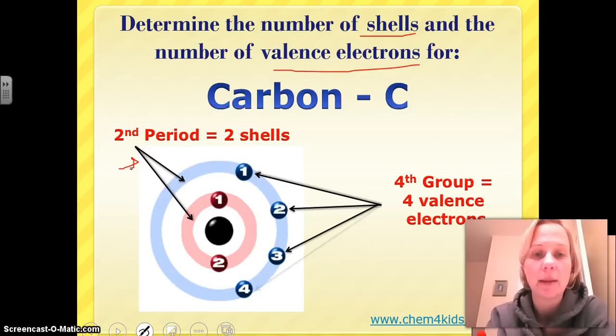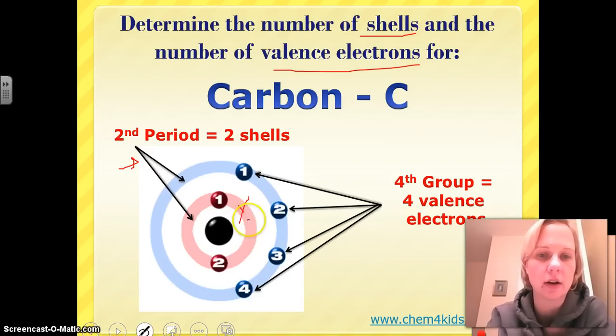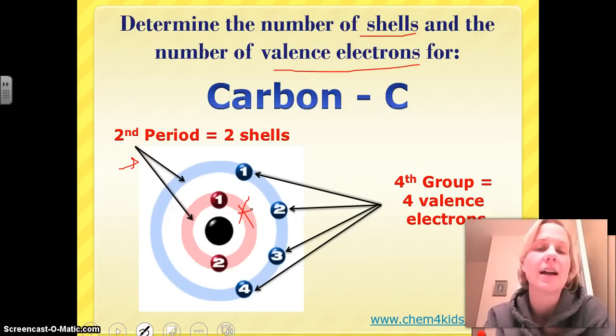That means I'm going to start with 2 in the center, because I always have 2 in this first area right here. And then I'm going to branch off into 4 more on the outer circle. Now I know this is a lot to take in. We're going to do plenty of practice in class, but I'm just giving you that understanding. So when we draw this, I've got 2 circles. My first circle is always going to only hold 2.